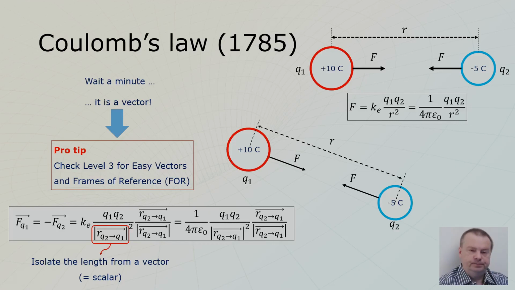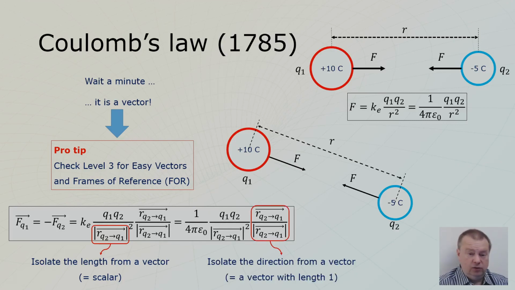That vector has a length, the length of r, and if you divide it by its length, r, you get a vector with just a length of 1, but it has the correct direction we were looking for. So together, isolating the length and isolating the direction, you get the vector F, the force vector.